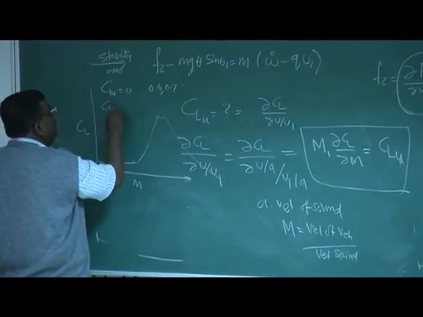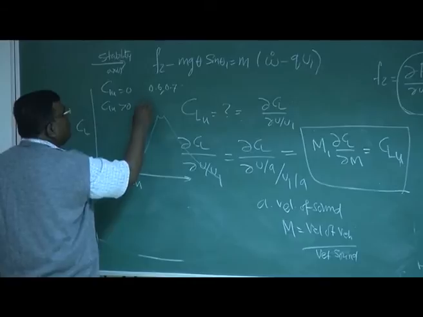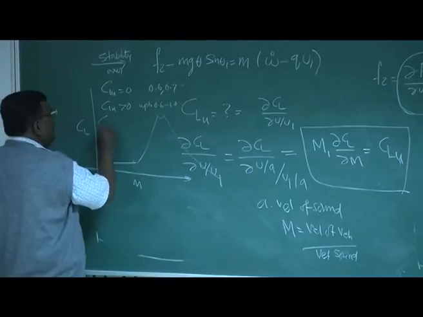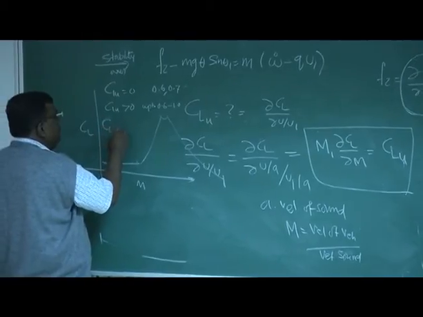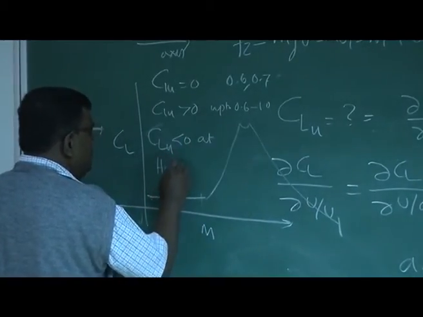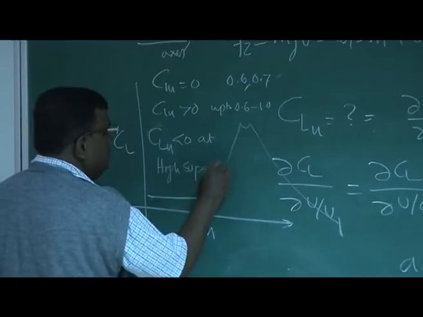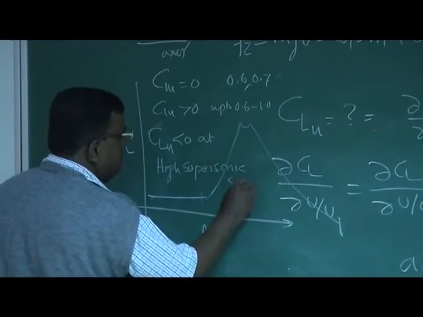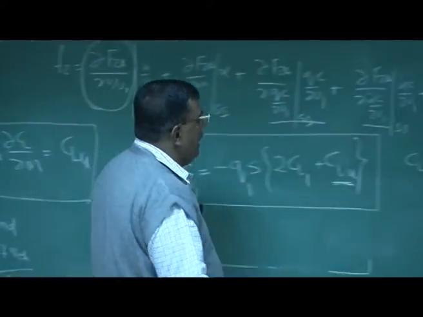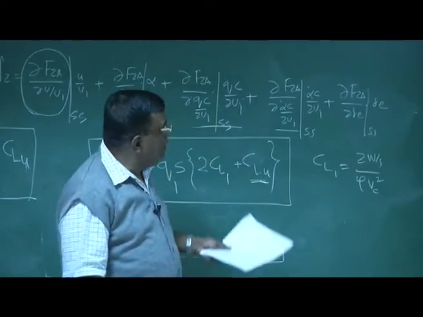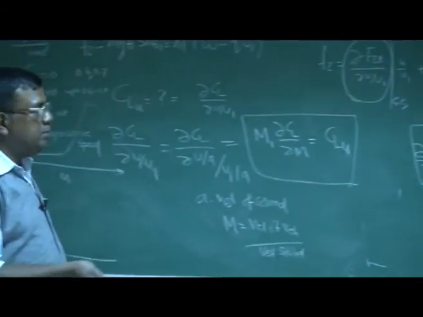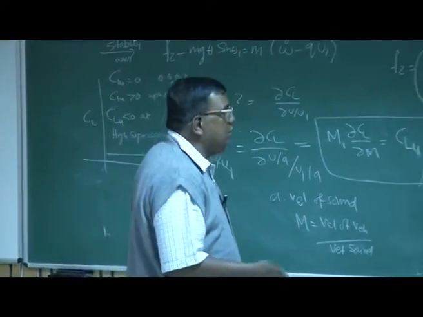Then CLU will be positive from about 0.6 to 1.0, and CLU will be negative at high supersonic speed. It's extremely important. As we apply this for high speed, these derivatives play an important role. It will just change its sign from high subsonic to supersonic.